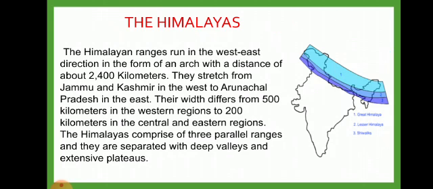They stretch from Jammu and Kashmir in the west to Arunachal Pradesh in the east. Their width differs from 500 kilometers in the western region to 200 kilometers in the central and eastern region. The Himalayas comprise three parallel ranges, separated by deep valleys and extensive plateaus.